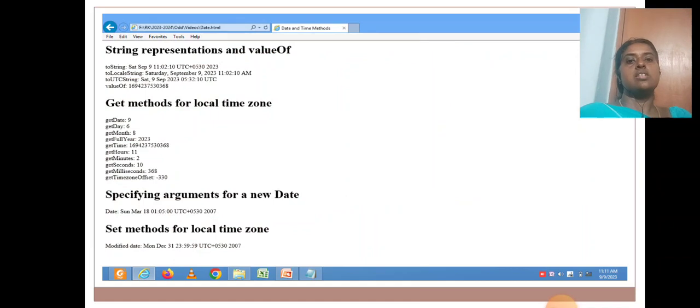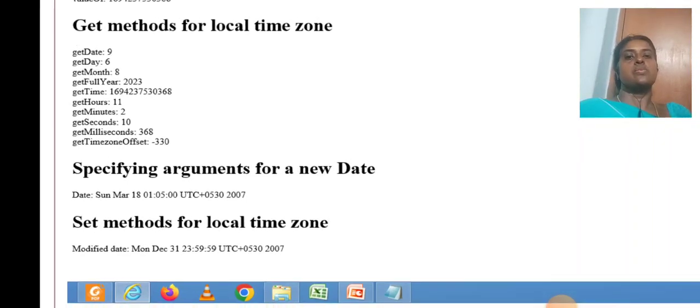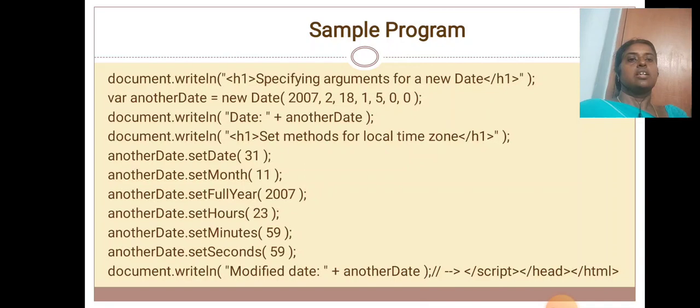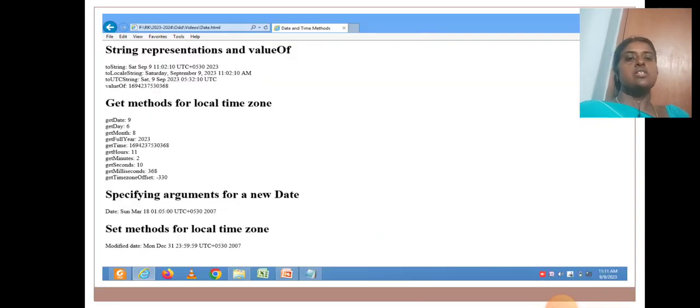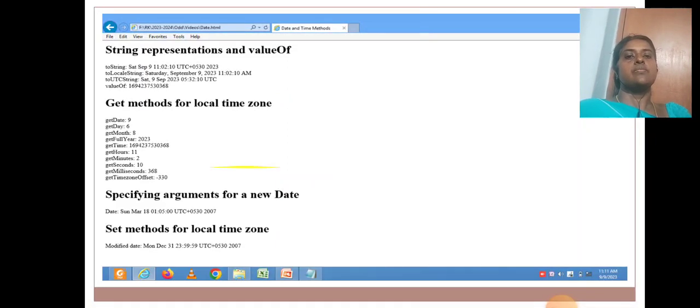So you can see the result. As per the UTC timing, I set Sunday, March 18th, 1 o'clock, 5 minutes, 0 milliseconds. That is UTC 2007. As per this, I set this. Since here I set it as 2007, here also we are going to get 2007 as an answer.